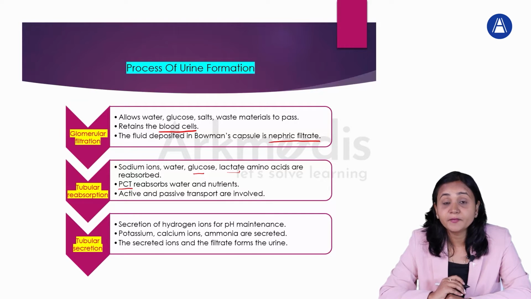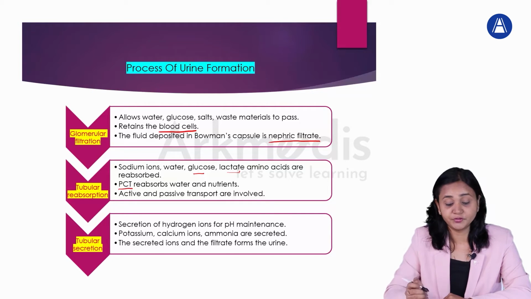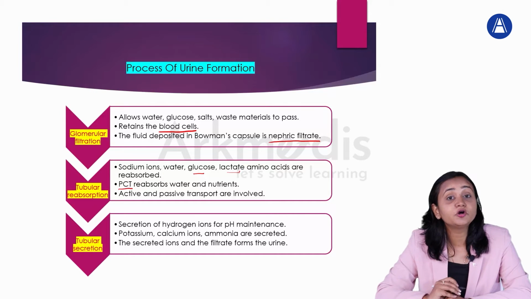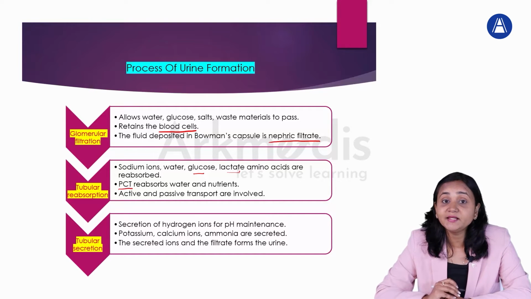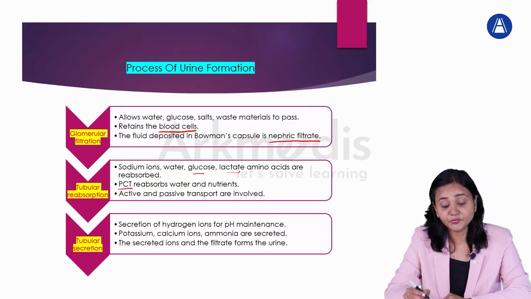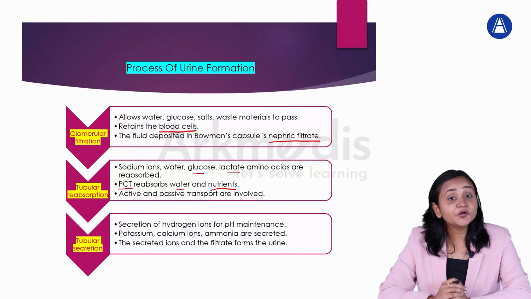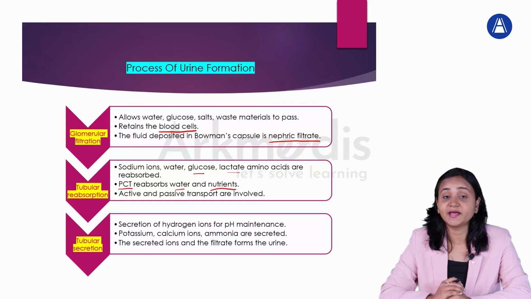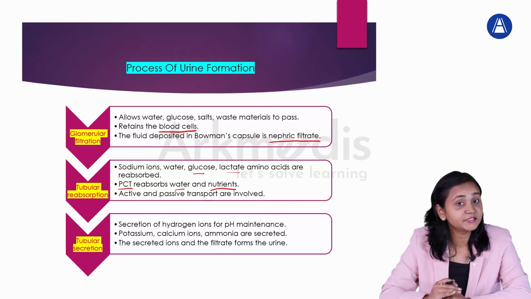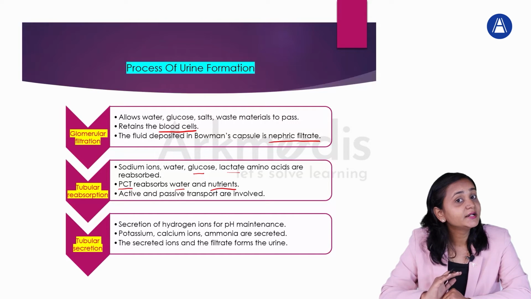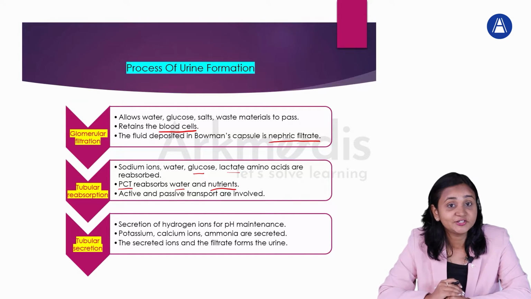This is ensured by their reabsorption. The proximal convoluted tubule is mainly involved in the reabsorption of water and nutrients. This tubular reabsorption involves two important processes of transport, that is the active transport and the passive transport. The active transport involves energy while the passive transport does not involve energy.